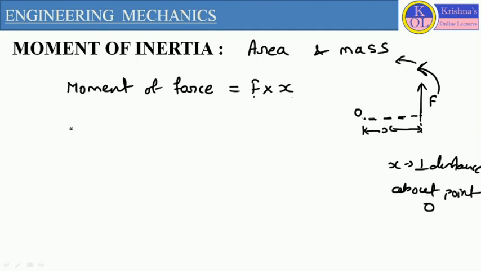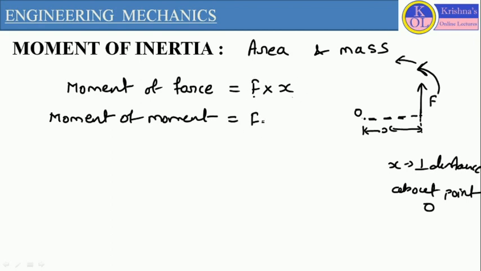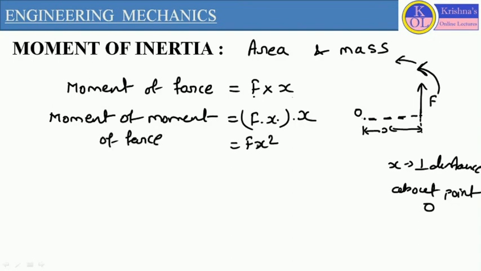Now, if we want to define the concept of moment of moment of force, we have to multiply this term Fx again with the perpendicular distance. If we multiply Fx into x, Fx square represents the moment of moment of force.